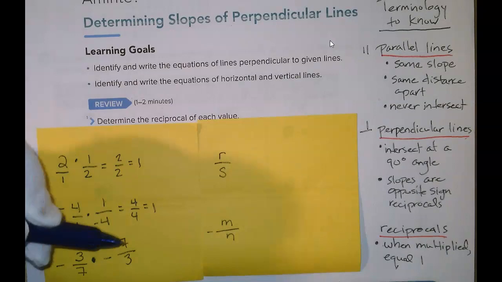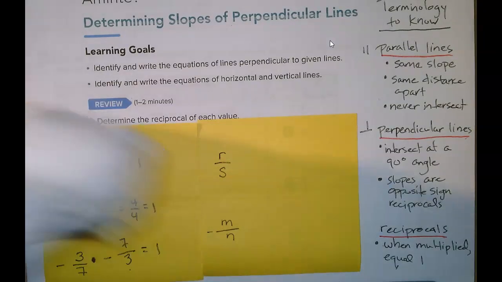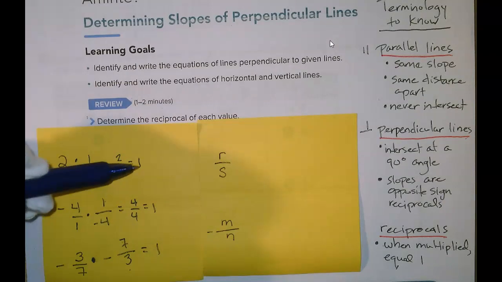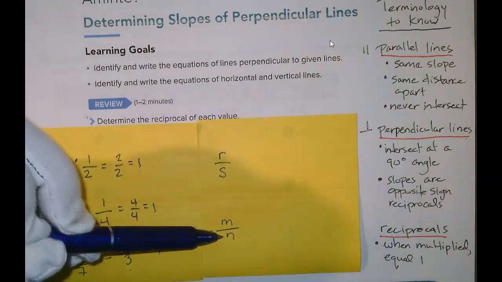And what will do that is 7 over 3. All right? So you may be seeing a pattern, that it's just the number flipped upside down. So if you write it as a fraction and then you flip it, that's going to equal 1 when you multiply.